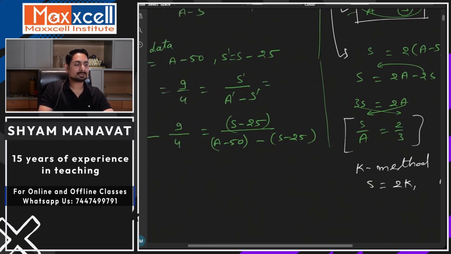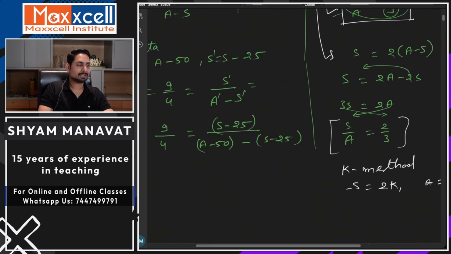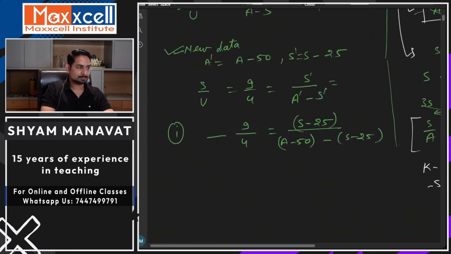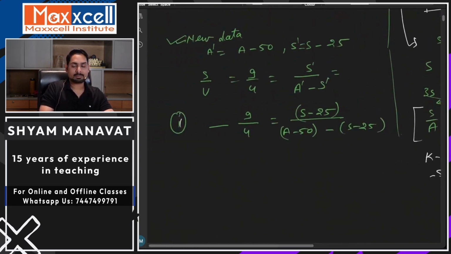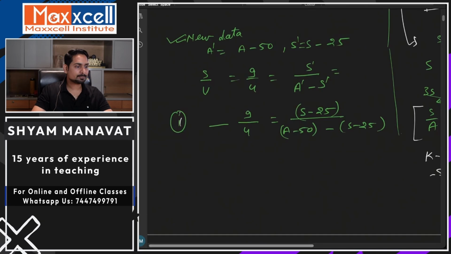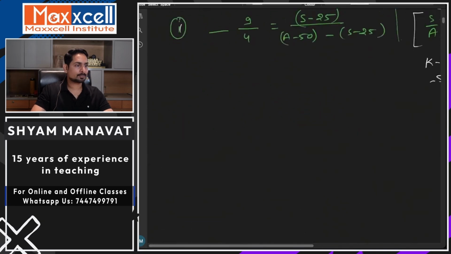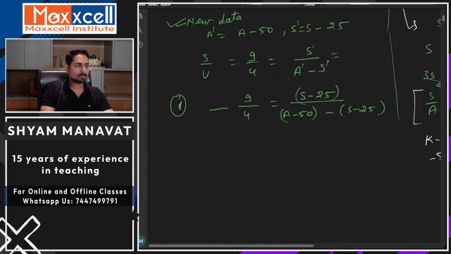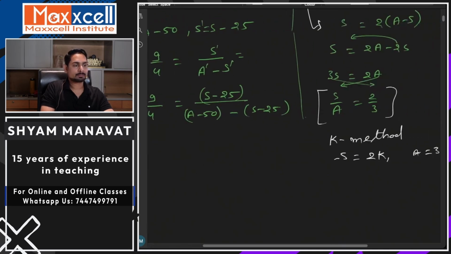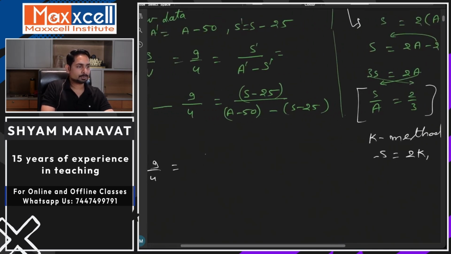Okay. Now if I substitute this value of s and a in this condition number 1 which we had earlier, what will I get here? Substitute karo. So this will be 9/4 equals to 2k minus 25 by 3k minus 50 minus 2k minus 25.